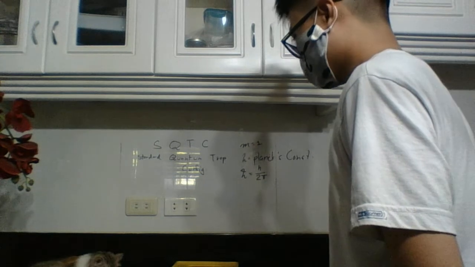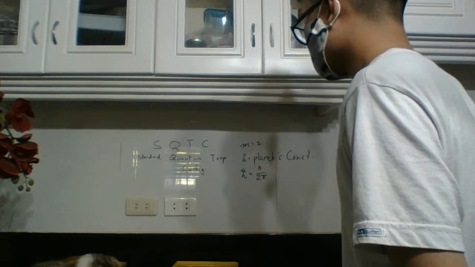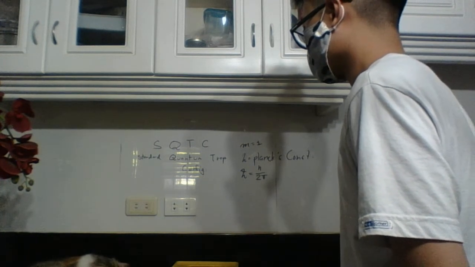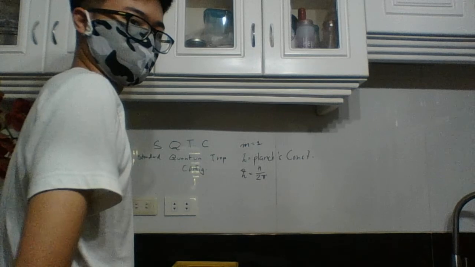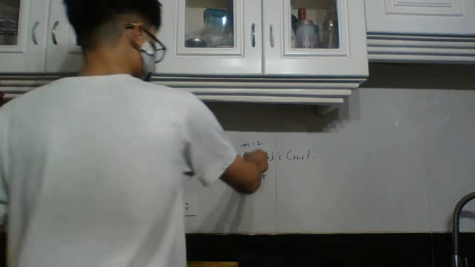The reason why we're doing this is because we don't really care about the mass of the object, because that really has no effect on their behavior. So we want that mass to be unitary. So that's the standard quantum trap configuration, and we will stick with that for the rest of this course.